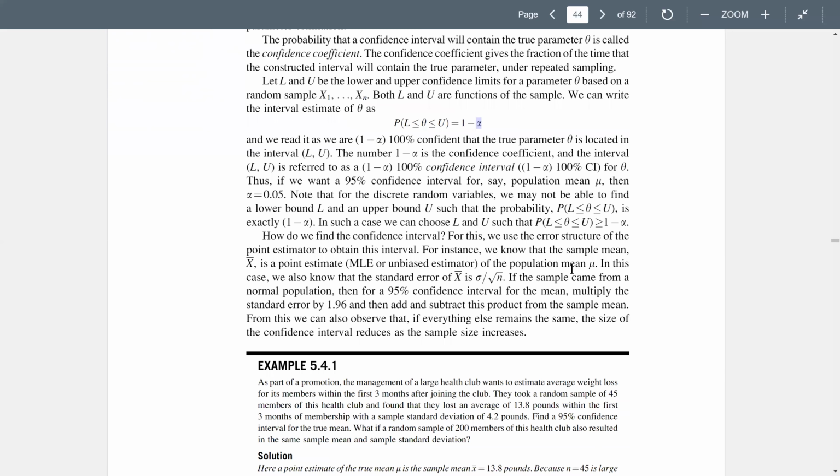Although theoretically speaking, nobody really knows where the target really is, by this kind of rationale, we can scientifically state with 90% confidence, or 1 minus alpha times 100% confidence, that the interval will include the target.